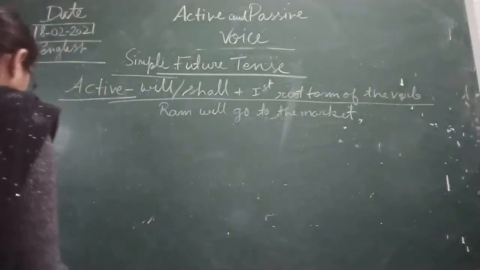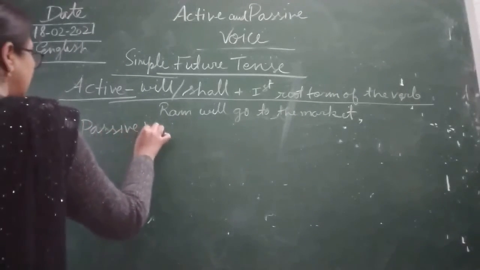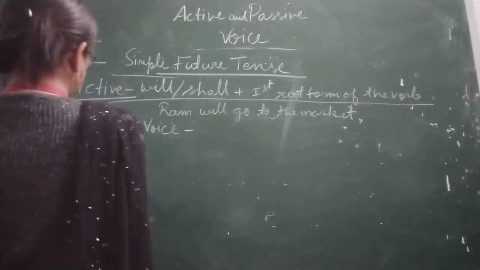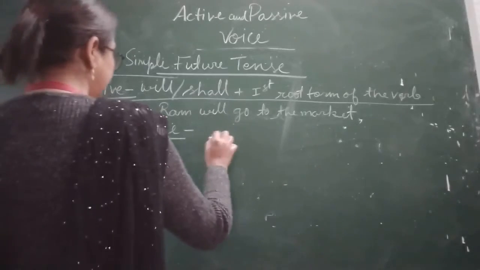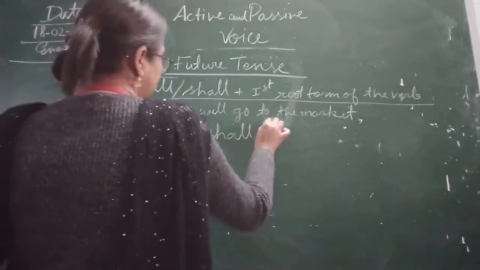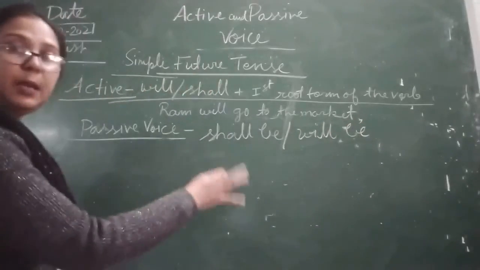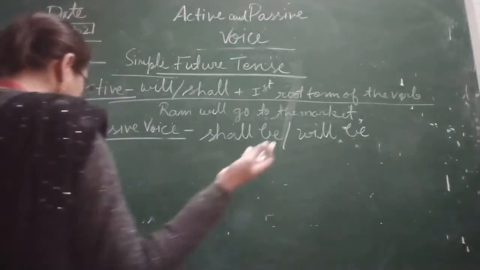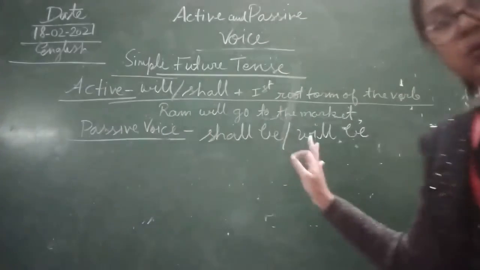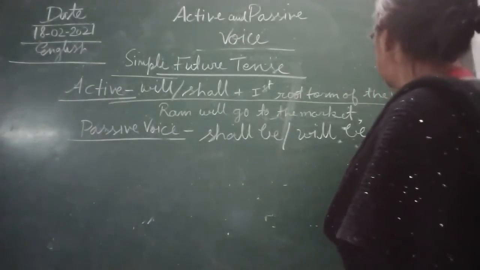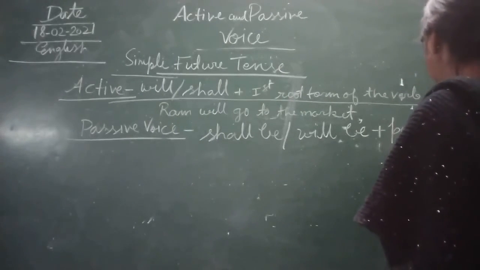Now, what is the rule of making passive voice? So children, passive voice we are going to learn. How will we use passive voice in this? So children, shall be or will be. Okay, shall be and will be. And as we use past participle in all the passive voice, similarly we are going to use it here also. Plus past participle.